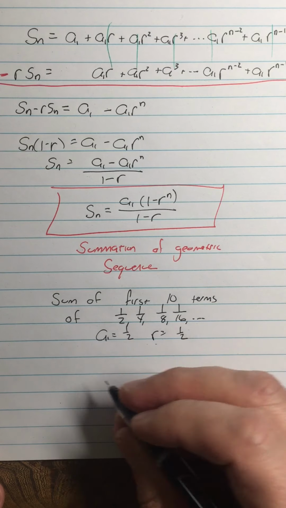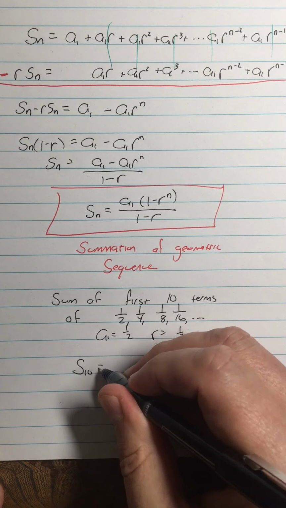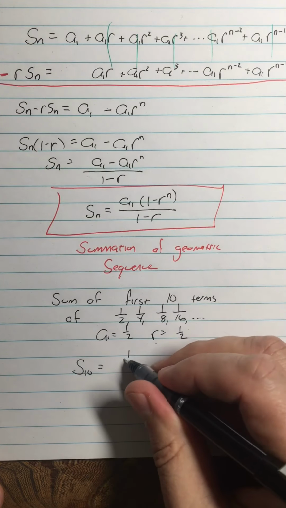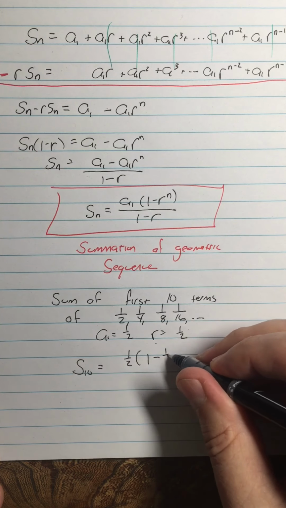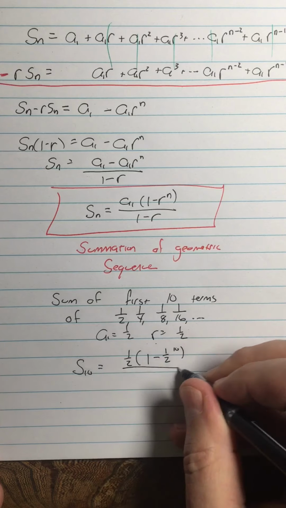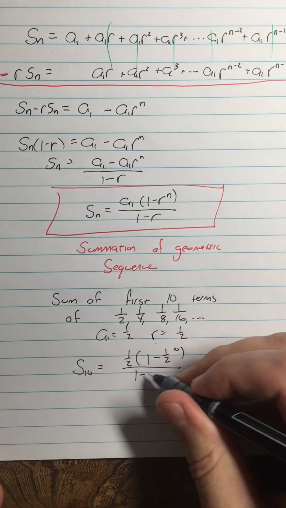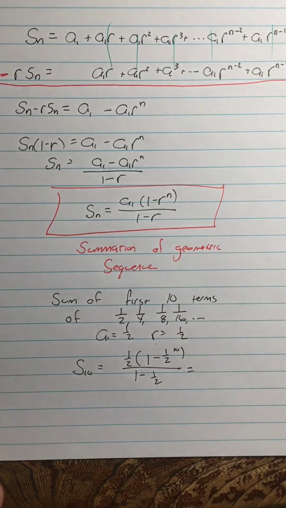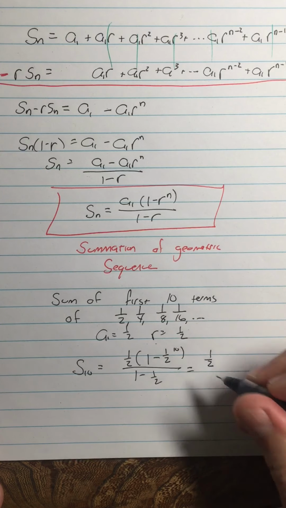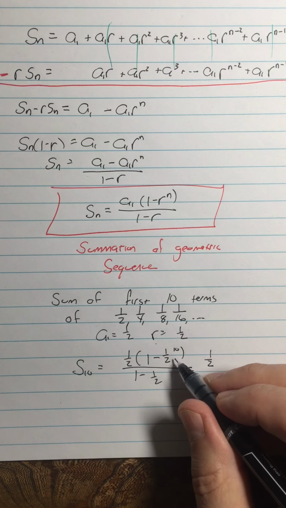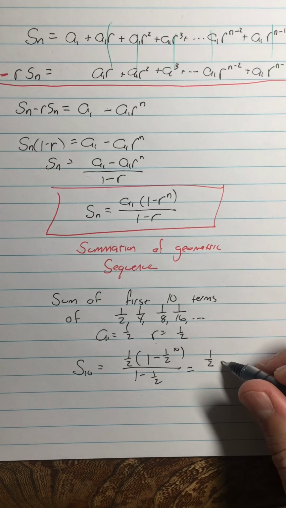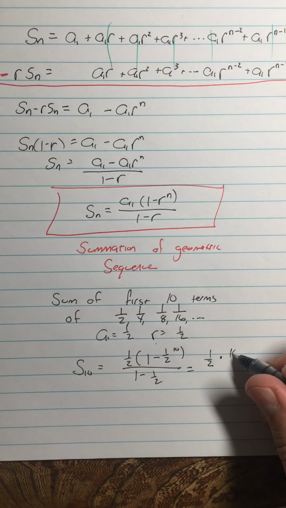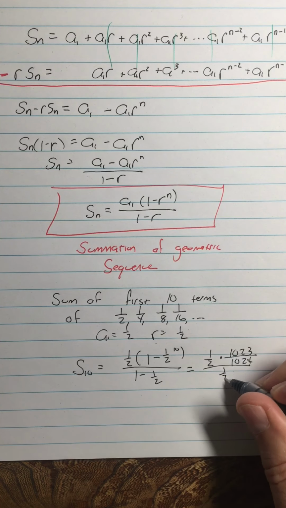All right, so what's the sum of the first 10 terms? Well, S sub 10 equals our a1, which is 1/2, times 1 minus r to the n, which is going to be 1/2 to the 10th power, over 1 minus r, which is 1 minus 1/2. Well, let's see, 2 to the 10th is 1,024. So 1 minus 1 over 1,024 is going to be 1,023 over 1,024, over 1/2.